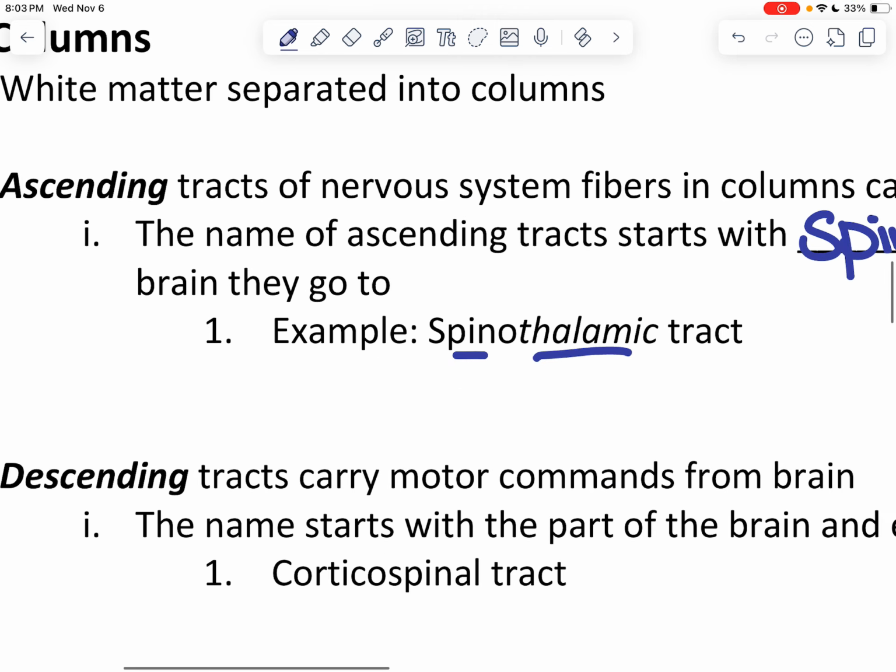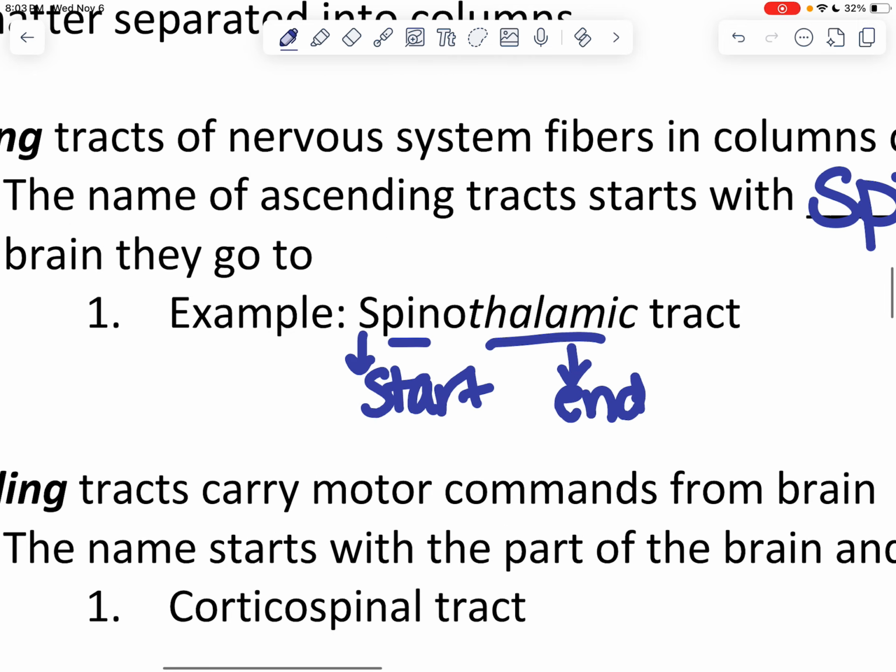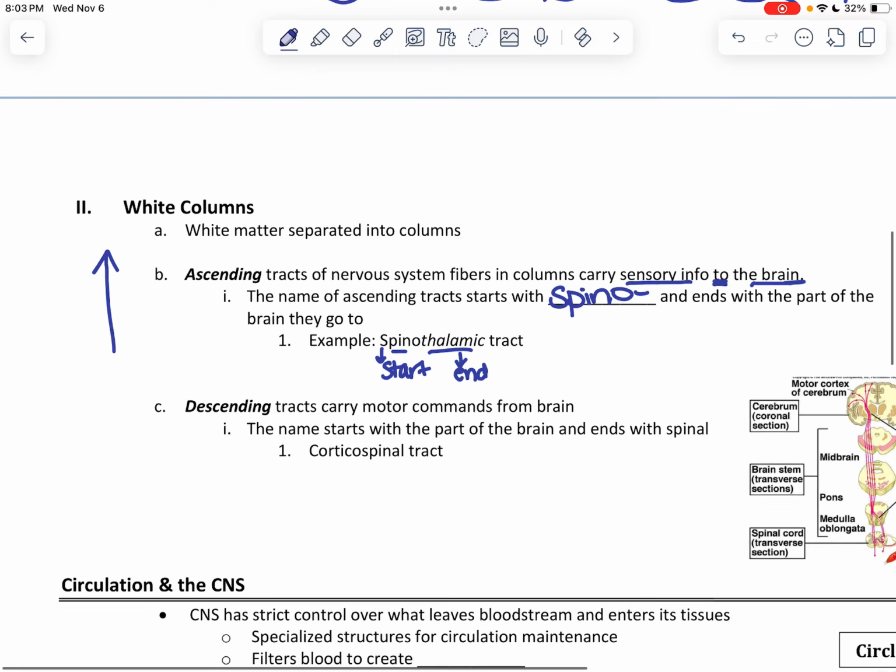The prefix is where the signal is coming from, and then the end of the tract is going to be the base of the word. Spinothalamic tract: it's going up the spine to the thalamus.